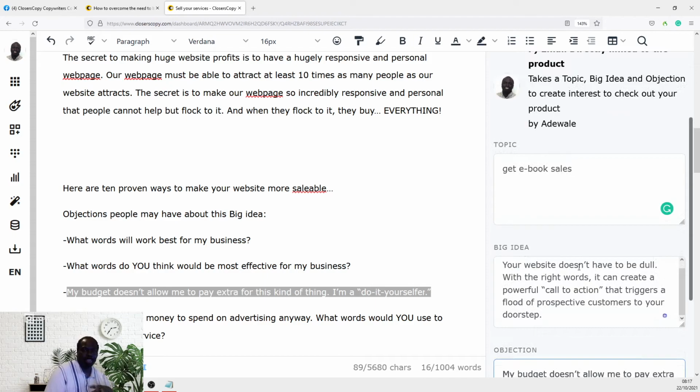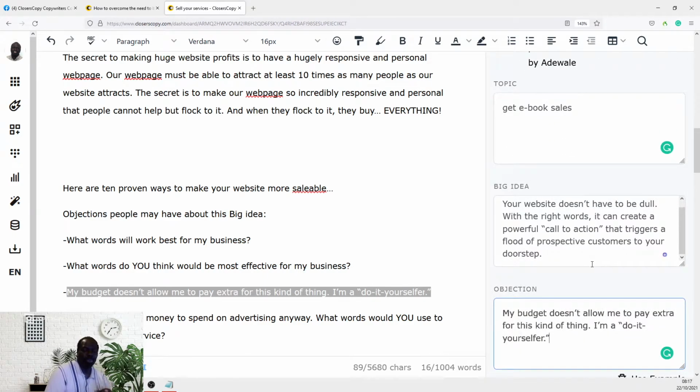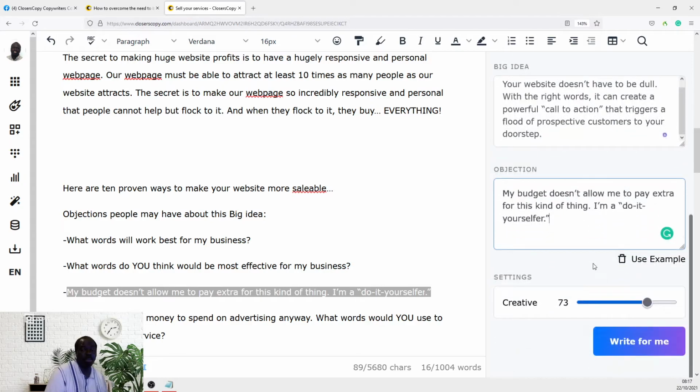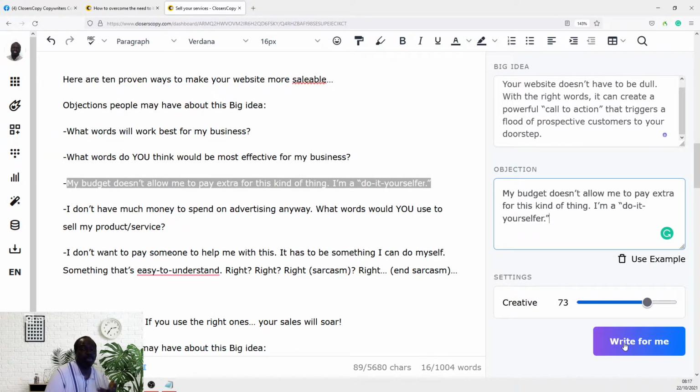So hopefully the kind of email this will write will be targeted to someone who feels their budget doesn't allow them to buy your service. And hopefully the email will convince the person that this is something that would actually help you, although you're thinking do it yourself is the best way out. Here are some pitfalls. It may not give exactly something like that, but it should write around something like that, hopefully.